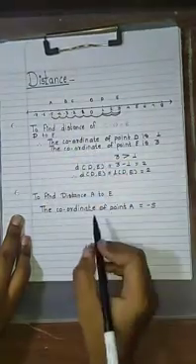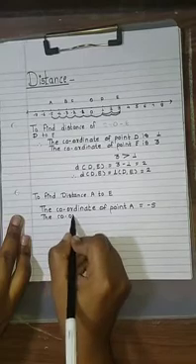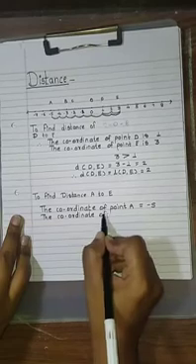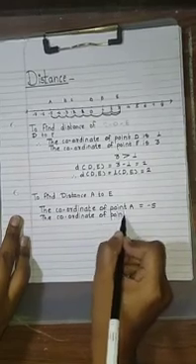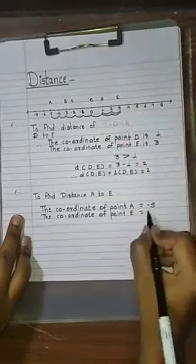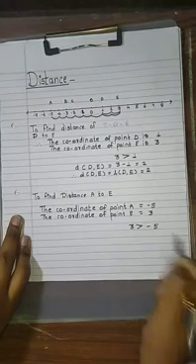Is -5. The coordinate of point E is, how much is E? 3. Now 3 is greater than -5.